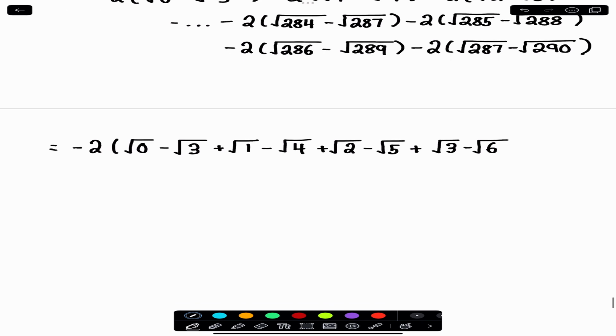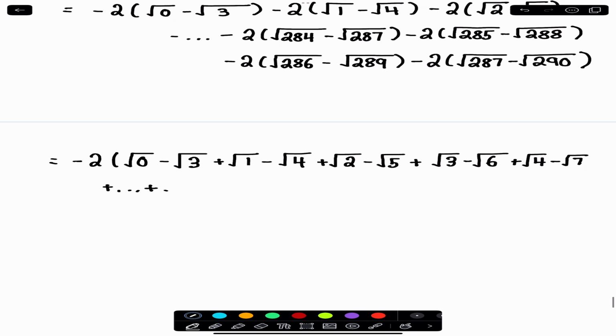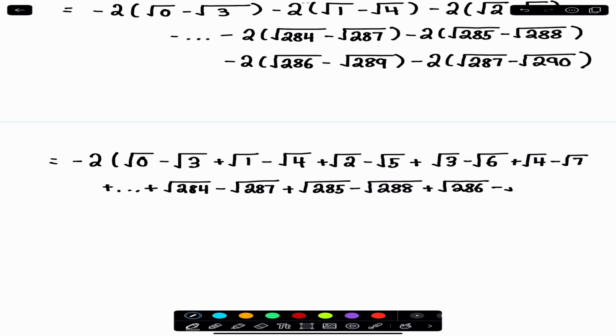And you know what? Let's keep writing some just to really see the cancellation. This is going to continue until all our terms at the end that we've written out. So now the question just becomes keeping track of what stays and what goes away. My god, see what I mean? It's so shaky.